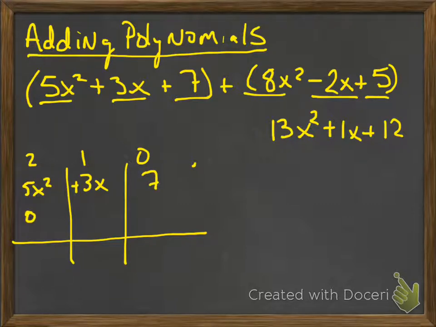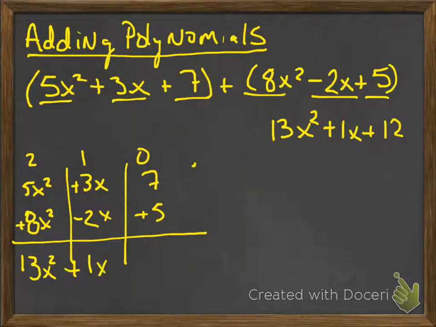And on the bottom one, I have positive 8x squared, minus 2x, and then positive 5. And then I can just go, okay, 5 plus 8 is 13x squared, 3 minus 2 is positive 1x, and 7 plus 5 is 12. So hopefully that can help us avoid any simple mistakes.